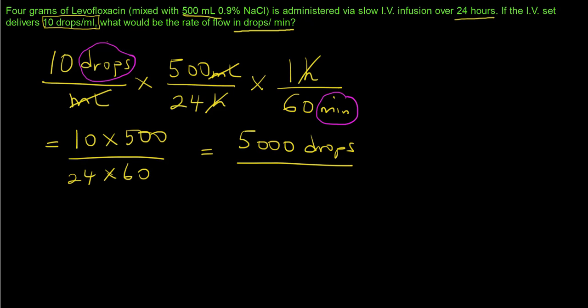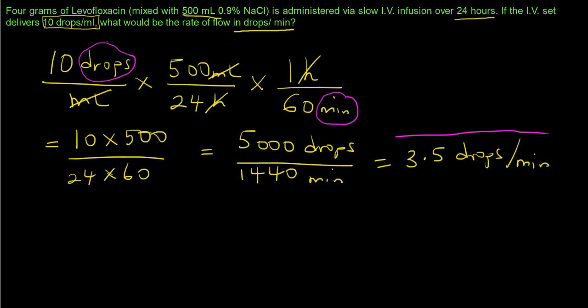And 24 times 60 gives you 1440. And so that should be equal to 3.5 drops per minute. Okay, so that will be our answer, our solution to this question, 3.5 drops per minute.